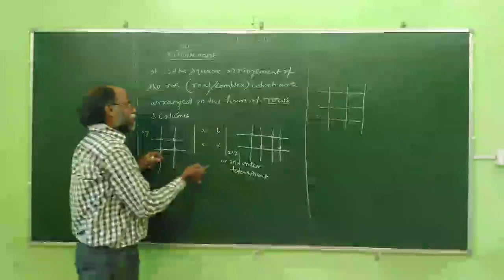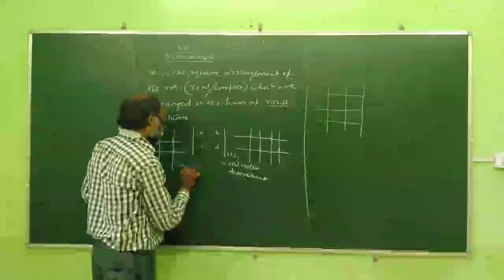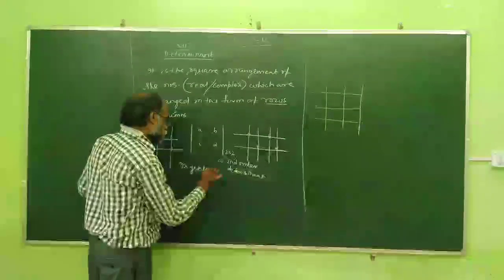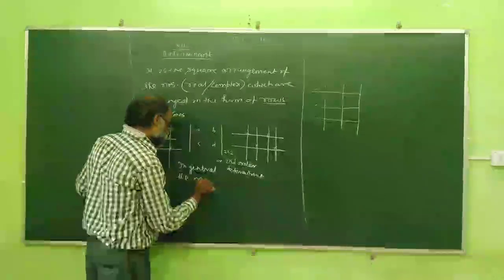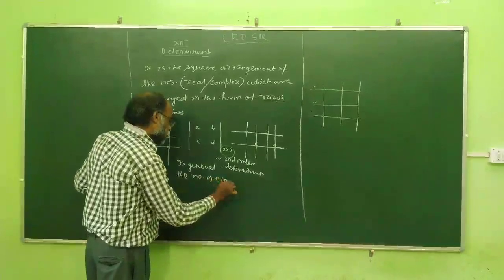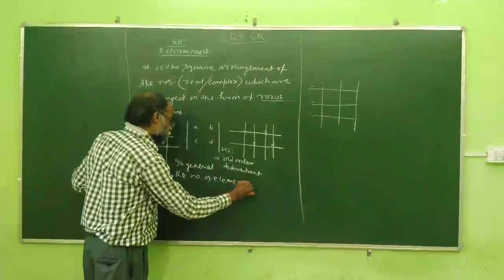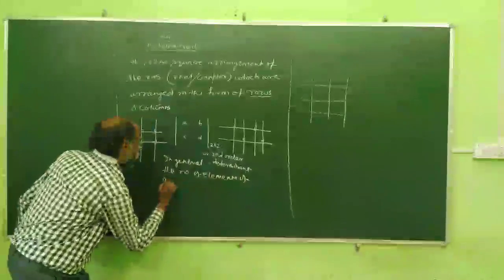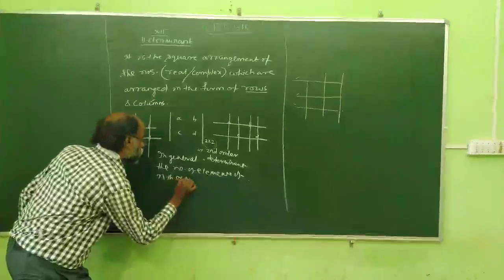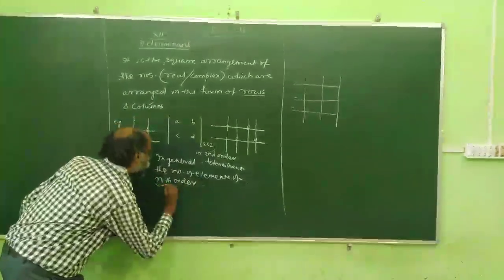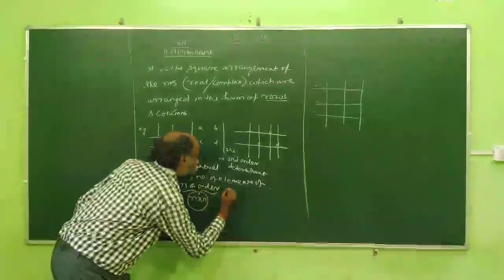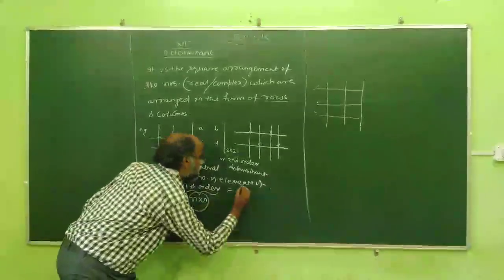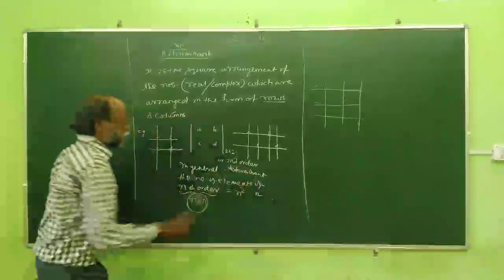So let us make it general. In general, the number of elements of nth order. Nth order means it is n by n is equal to n into n, that is n square. Answer.